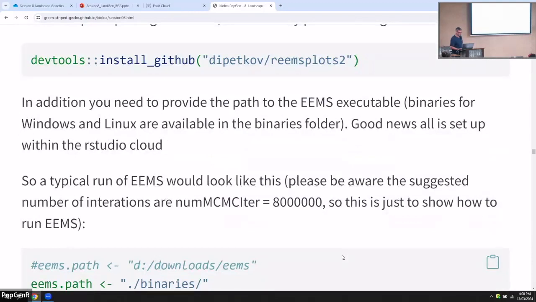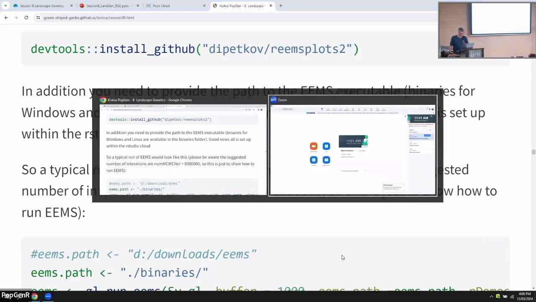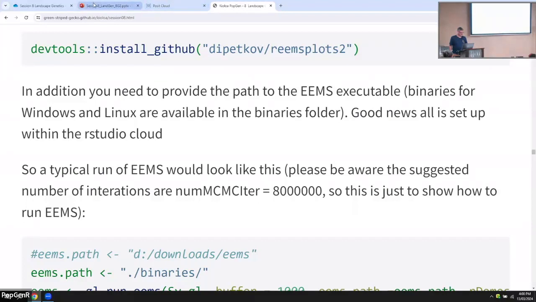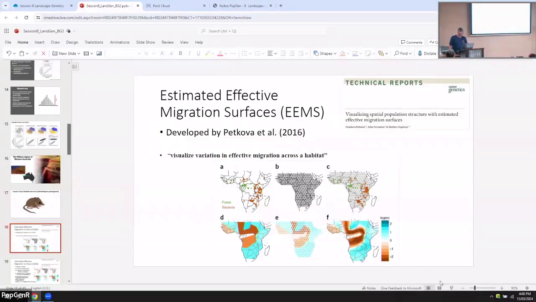Okay. This is a method which is called EEMS, and I would like to explain first what it does, and then come back to the example. Yeah, so just keep in mind what you have learned. Now this is this beautiful method.